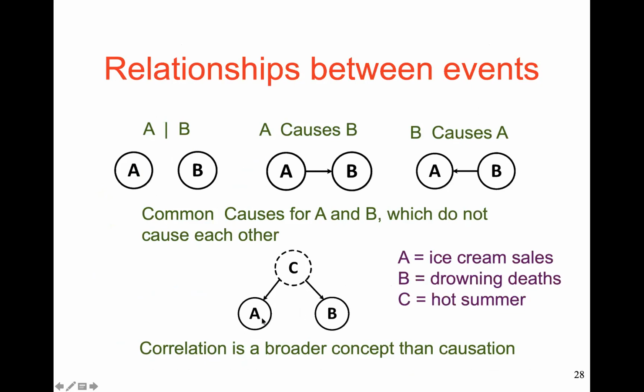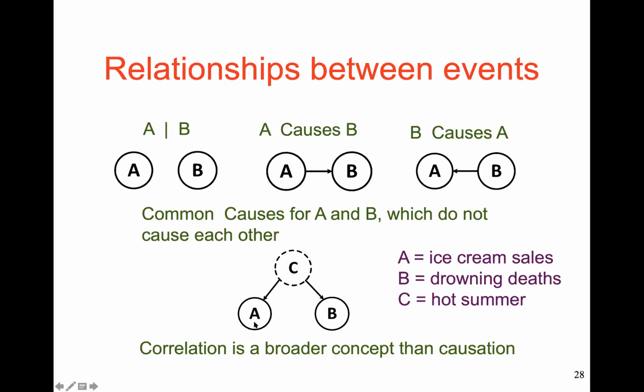A is ice cream sales, and B is drowning deaths, right? And we observe that when ice cream sales go up, drowning deaths are also going up. Well, there's a common hidden reason. It's the hot summer. During the hot summer, both ice cream sales and drowning deaths go up.